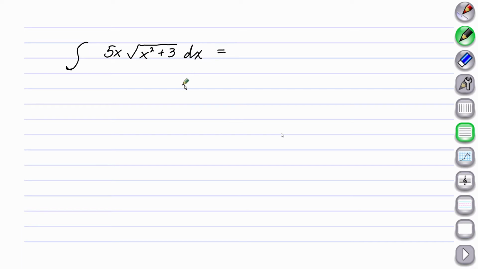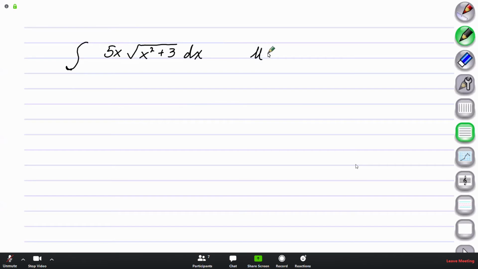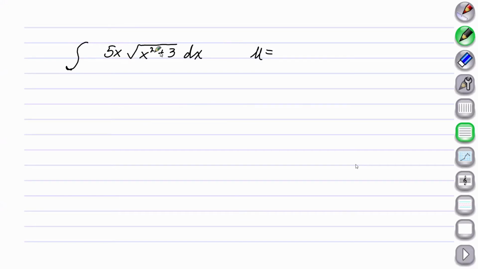Okay, I don't want to put equals. We're going to just say u equals, and probably u is going to be this mess right here. Let's rewrite it.